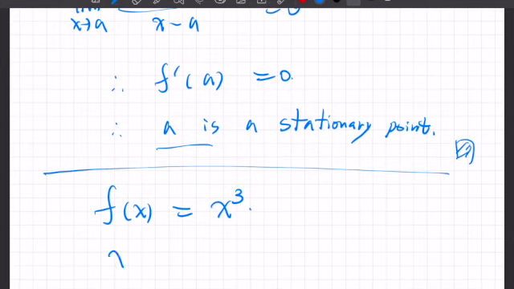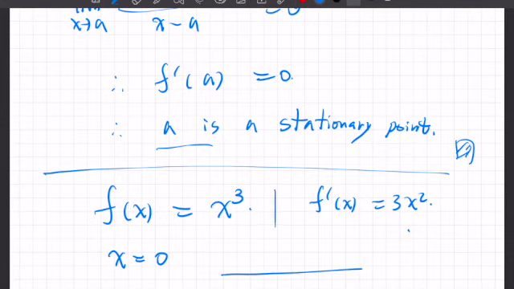Okay, and consider x equal to 0. If you calculate its derivative, f prime of x is 3x squared, and at x equal to 0, this derivative is 0, so it is a stationary point, but it's not a local maximum or local minimum.